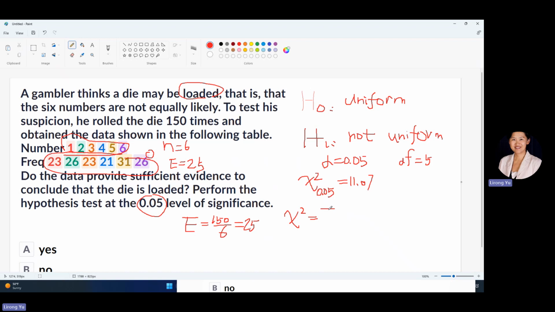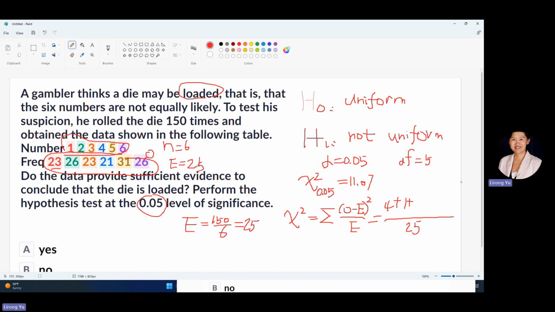We calculate the chi-square by a summation of (O minus E) squared divided by E. The expected values are all 25, so the denominator is all 25. The numerator is going to be each number minus 25. The 23 minus 25 is negative 2, 2 squared is 4. And then the 26 minus 25 is 1, squared is 1.